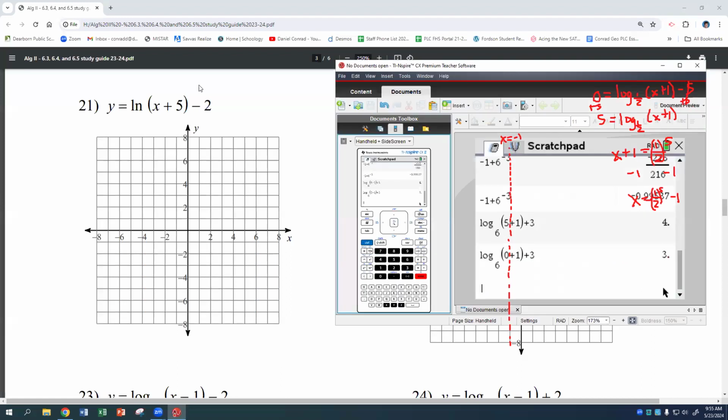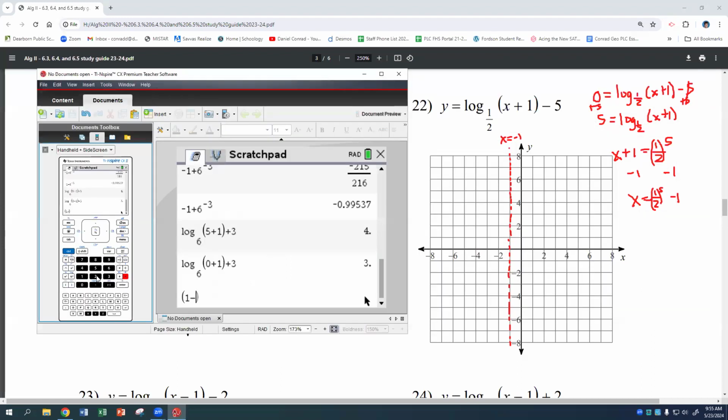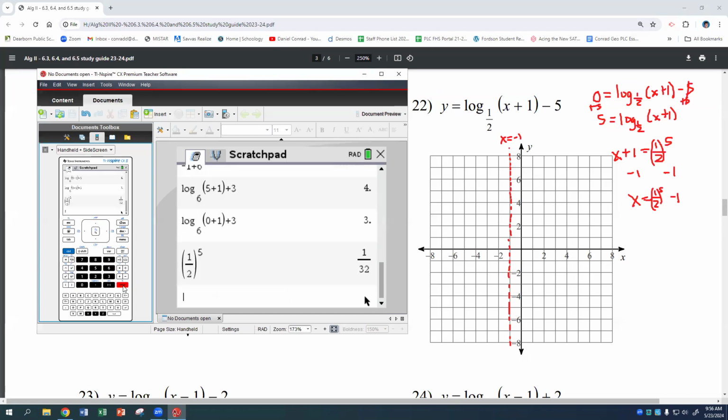So let's see what we got. 1 divided by 2, oops, not 1 minus 2, 1 divided by 2, to the fifth power gives us 1 over 32 minus 1. It's going to give us negative 31 over 32, which is negative 1.97. Oh, no, wait, it subtracted 1 twice.